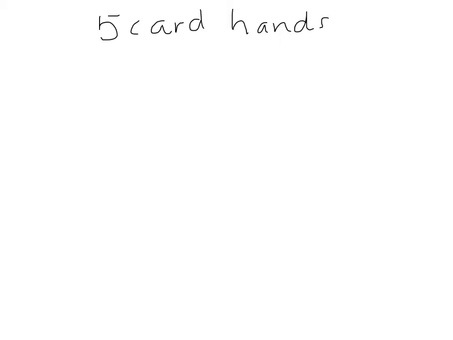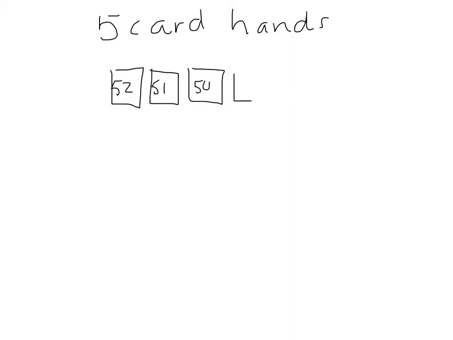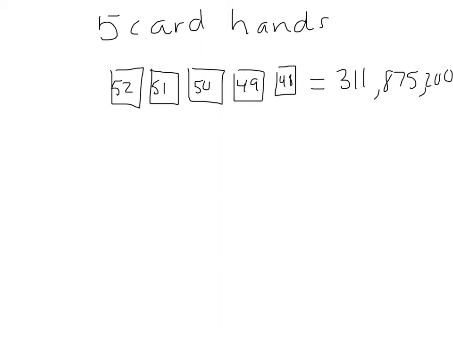For the first card, we would have 52 choices. For the second card, we have 51, then 50, 49, and 48. That would leave us with 311,875,200 different five-card hands if order mattered. But since order doesn't matter, we have to divide off the duplicates.